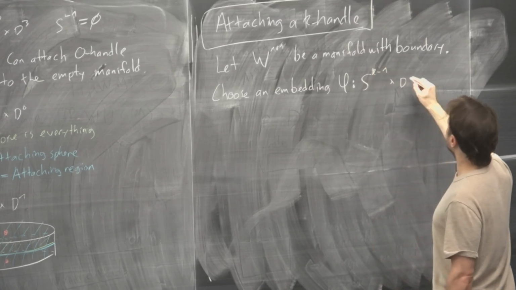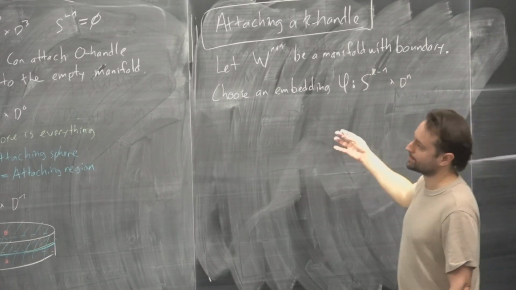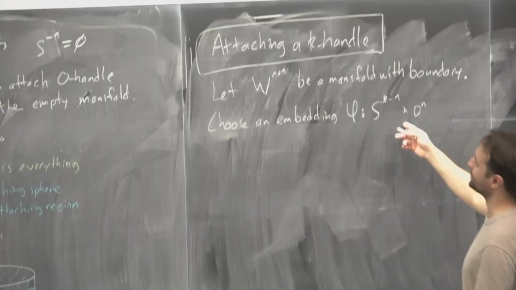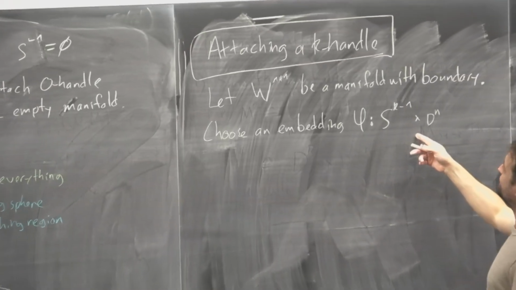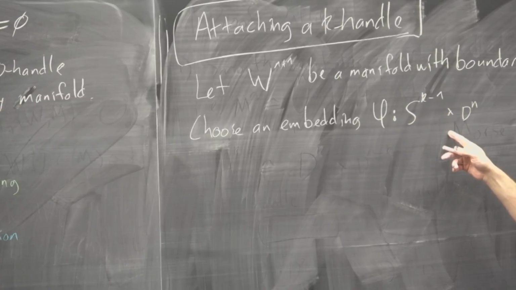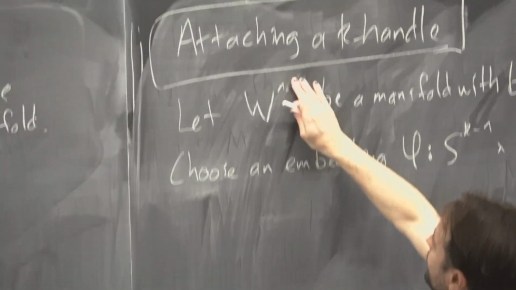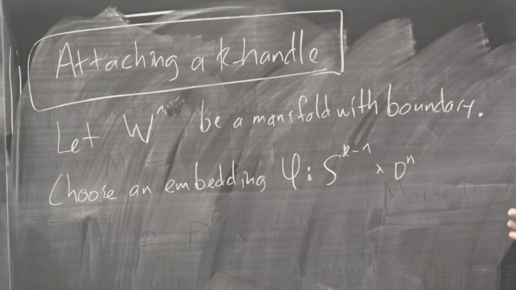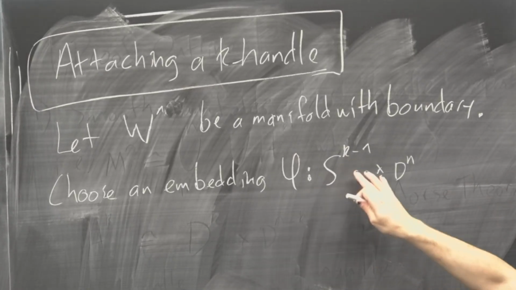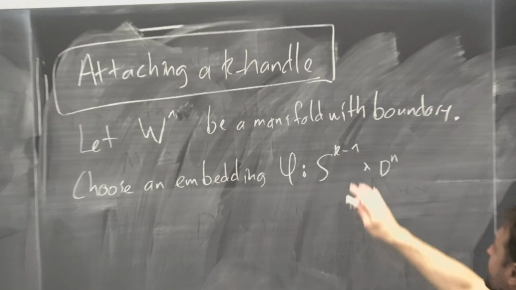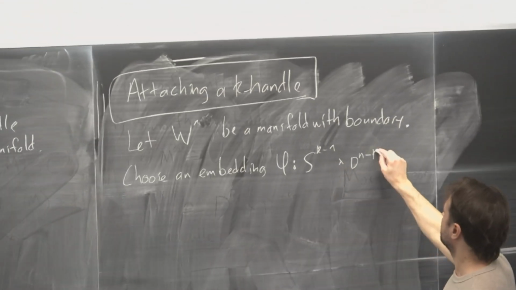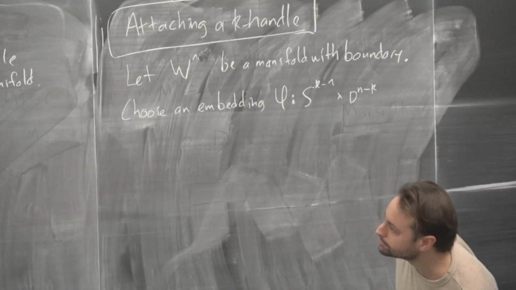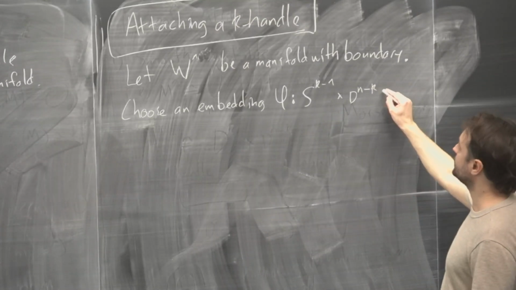So that's the full complementary disk. Now, like I said, the stupid ambient thing. Over there my ambient dimension is n, and over here my ambient dimension is n plus 1. I think I'll keep it like this. So now we have an n manifold with some boundary. So we're going to choose an embedding of the attaching region of a handle. That's the attaching region. This is the embedding of the attaching region into the boundary.